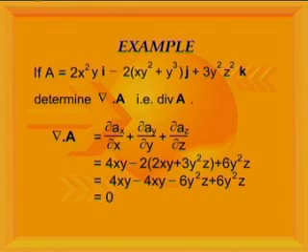If you do this, we will get 4xy minus 2 into 2xy plus 3y square z plus 6y square z, which is equal to 4xy minus 4xy minus 6y square z plus 6y square z, which is equal to 0.